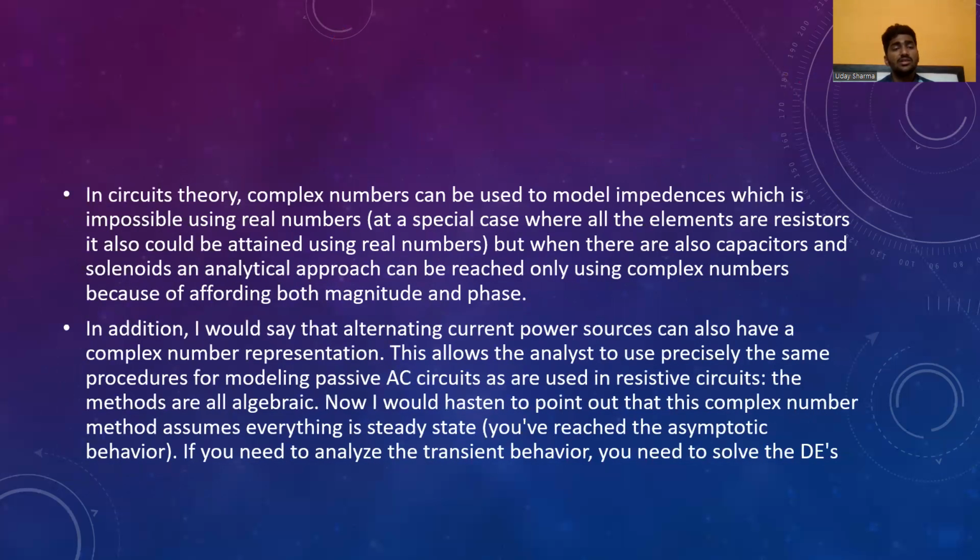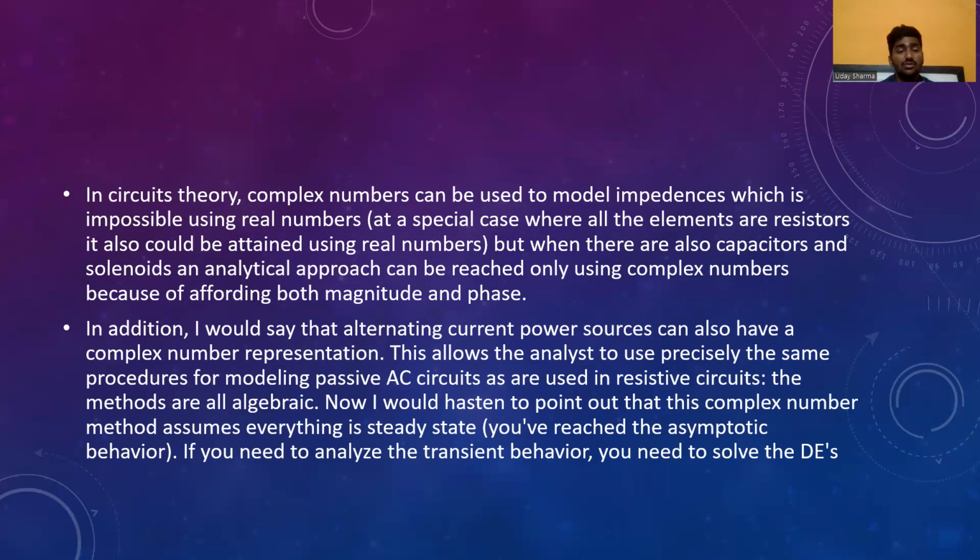In circuit theory, complex numbers can be used to model impedances, which is impossible using real numbers. In a special case where all the elements are resistors, it could be done using real numbers. But when there are also capacitors and inductors, the theoretical approach can be handled using complex numbers because of both magnitude and phase.